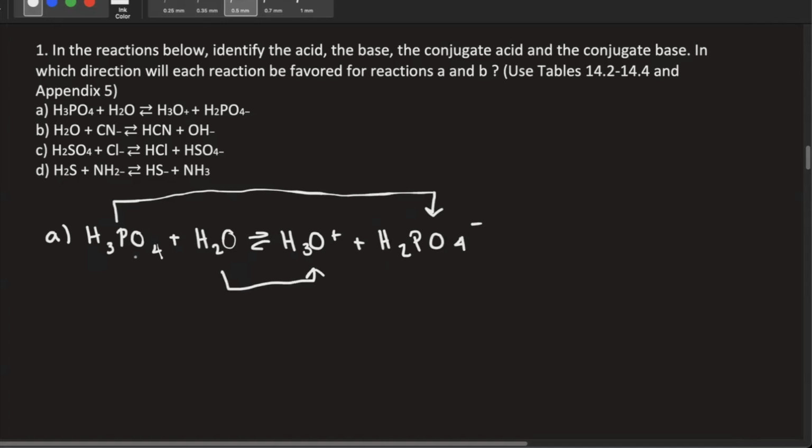So using our definitions, we know that acids are proton donors, and bases are proton acceptors.